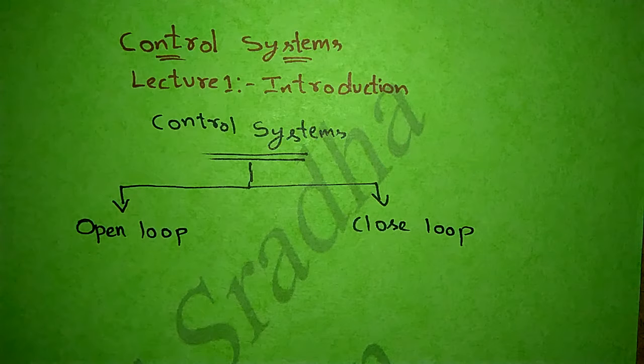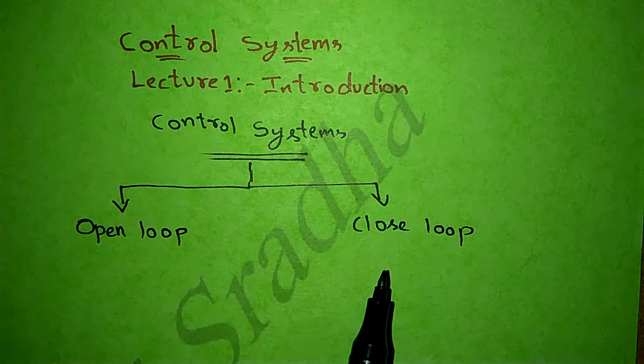Suppose we require some output and initially the system is not giving that much output, but it observes that output and automatically adjusts it to get the desired output. This entire process is present only in the case of closed loop.